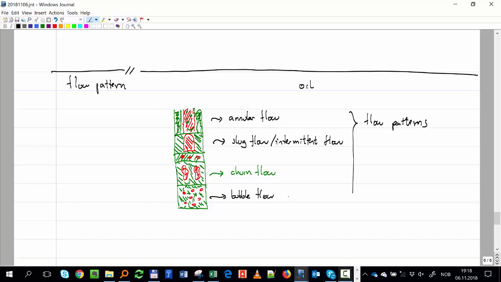Each one of them will have a different density of the mixture, which affects the hydrostatic delta P. They are also going to have a different friction delta P. So in each one of these flow patterns you're going to have different pressure drop. That's why we care so much about flow patterns.